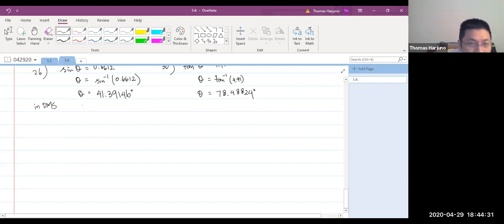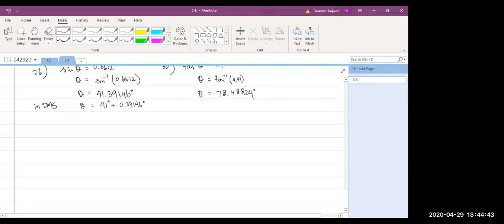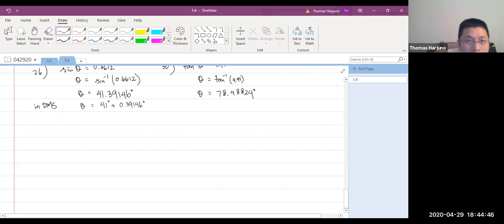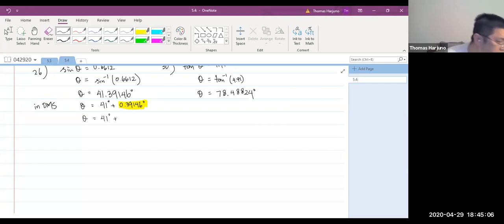Notice that this equals 41 degrees plus 0.39146 degrees. I will rewrite this into minutes. 1 degree is how many minutes? 60. So 0.39146 multiplied by 60 gives 23.4876 minutes.